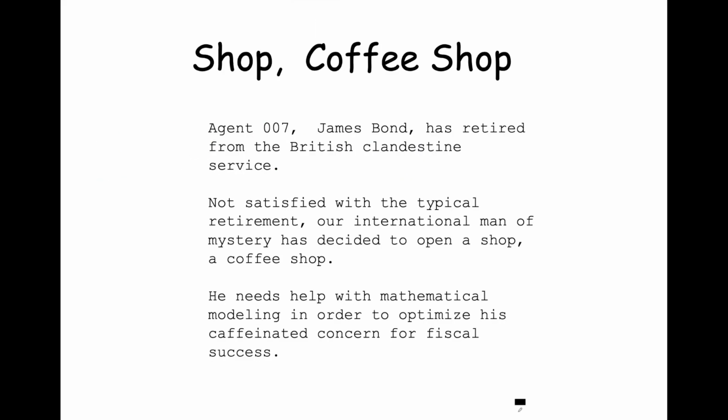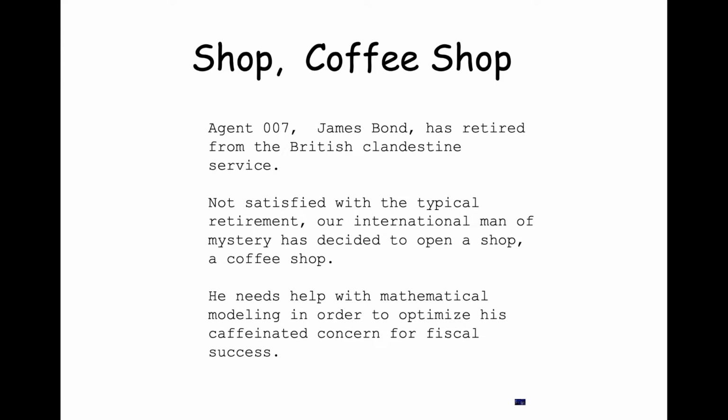So I'm going to set up a scenario. Let me go back to my pen here. We're going to talk about a coffee shop. Agent 007, James Bond, has retired from the British clandestine service.